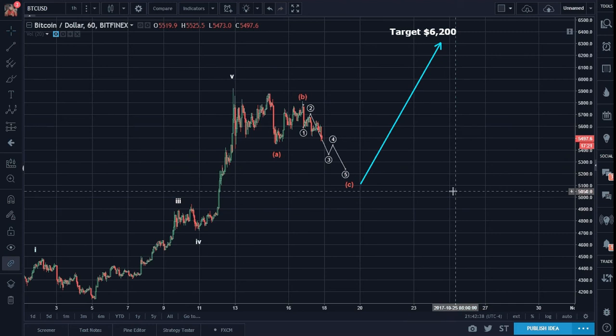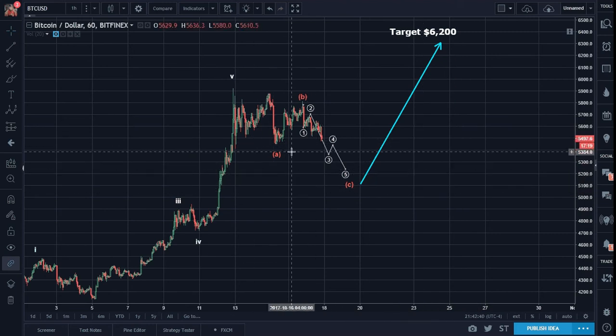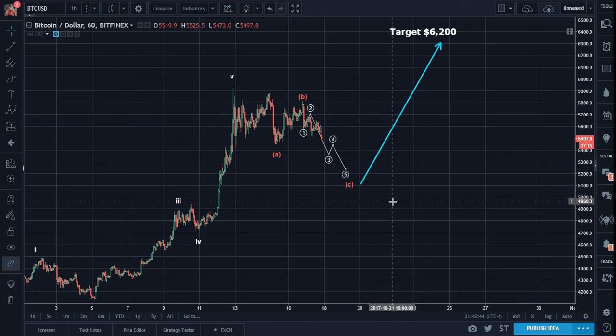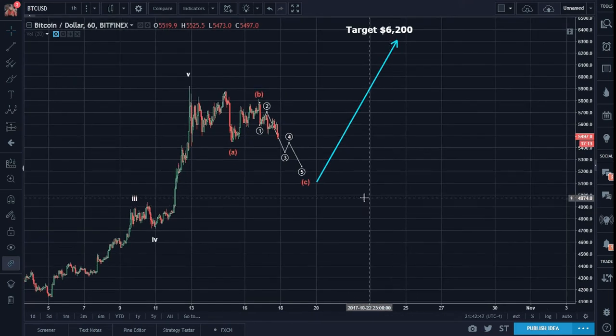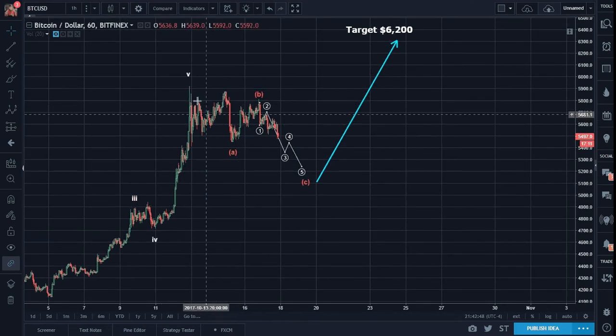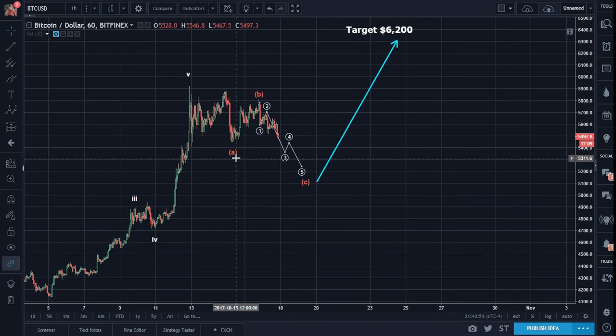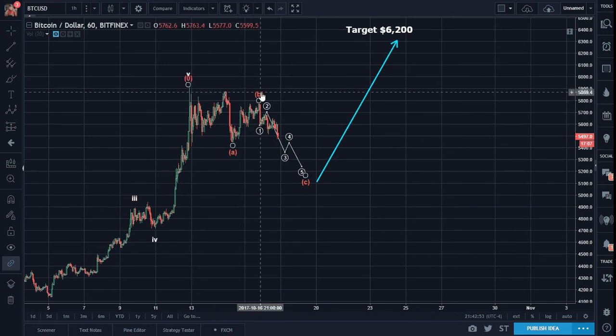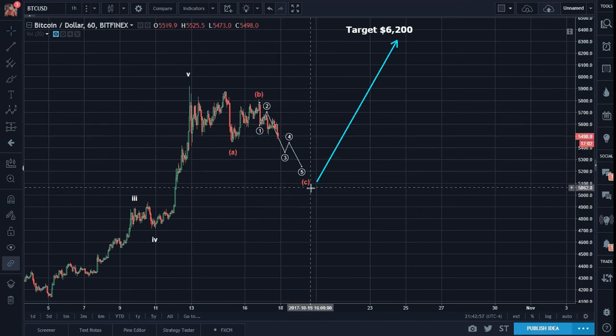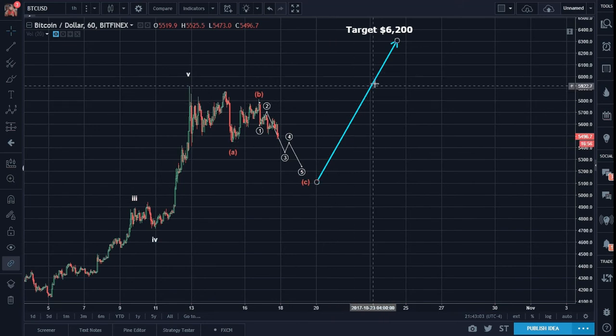So here, the other possibility, and more on the probable side now probably, is that this is ABC as A, ABC as B, and we're now going to put in 1, 2, 3, 4, 5 waves down for C. And then from here we'll impulse up to put in the final 6200.